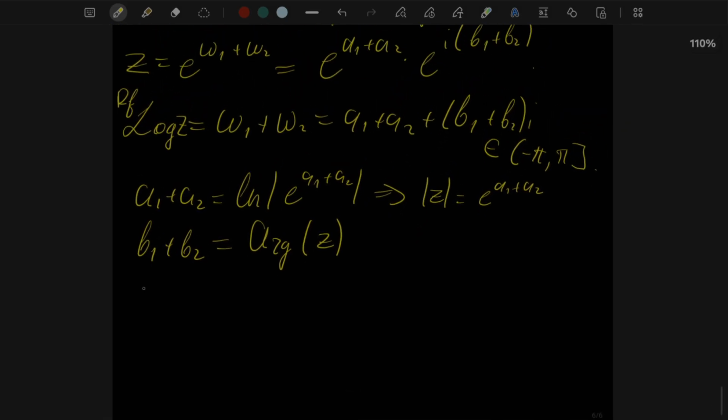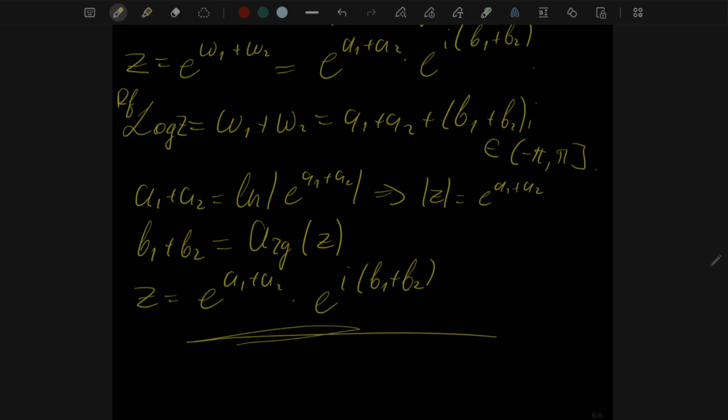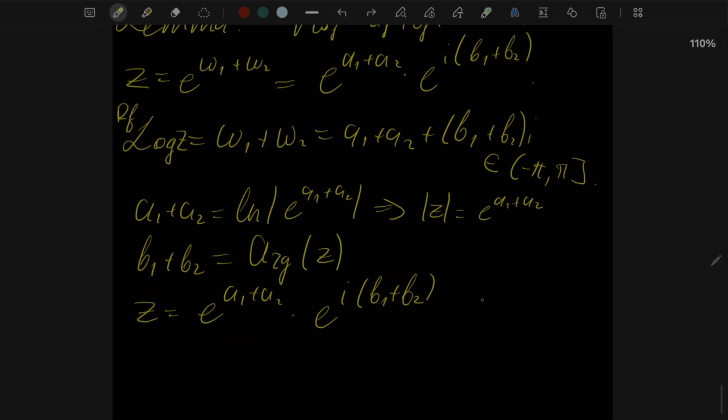And therefore, that can be expressed as e to the power a1 plus a2 multiplied by e to the power i b1 plus b2. And this is the exponential form of that. And basically that is what we needed to prove. So the lemma is proven. And what do we get from this lemma?